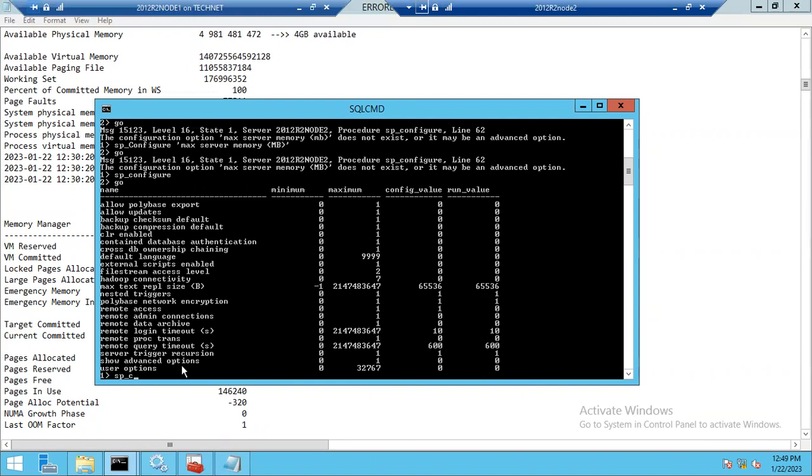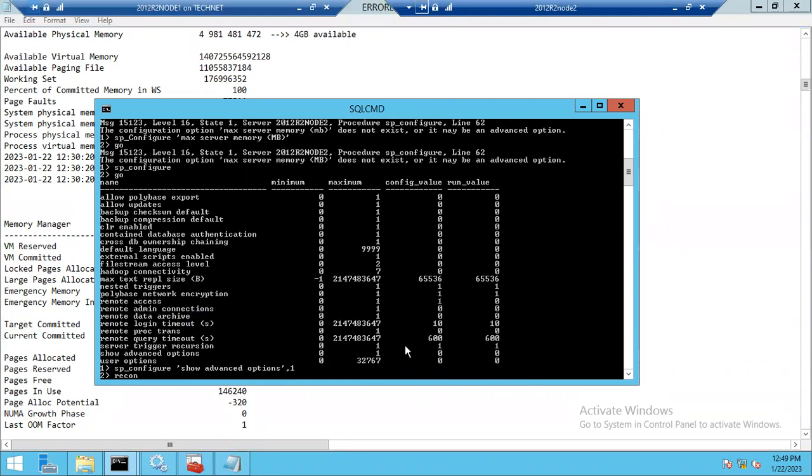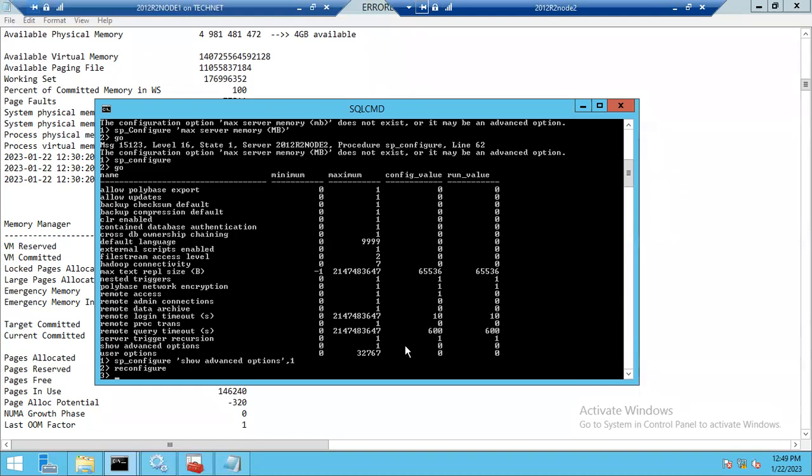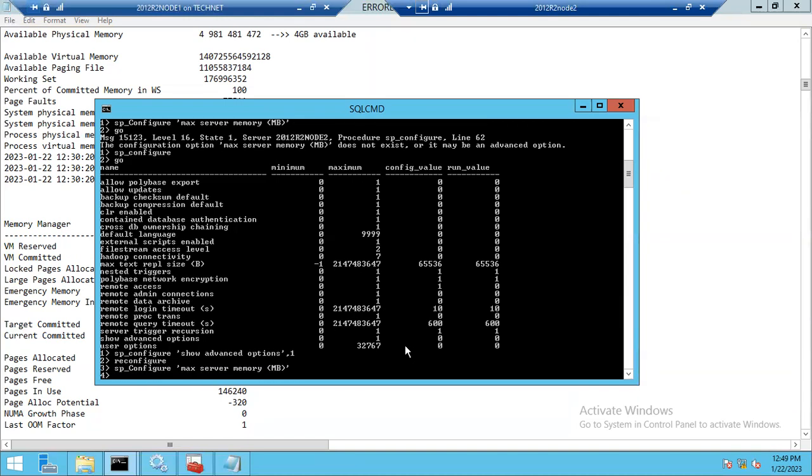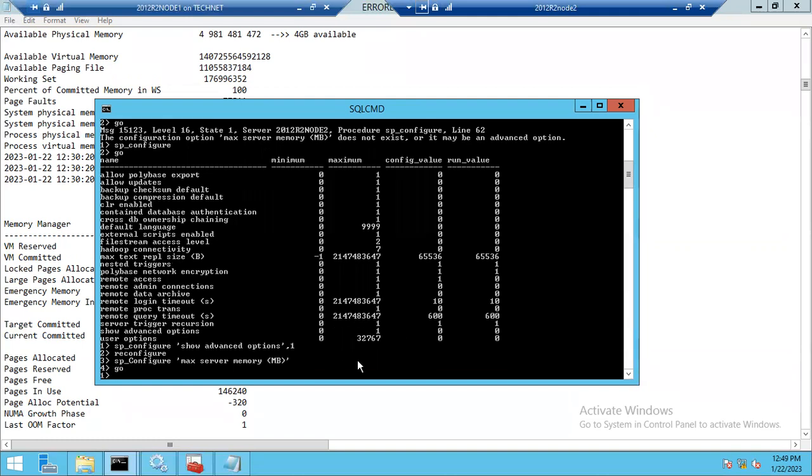Okay, let's enable this advanced option. sp_configure show advanced option comma 1, reconfigure, sp_configure, and if you use max server memory, then you should get that max server memory value.